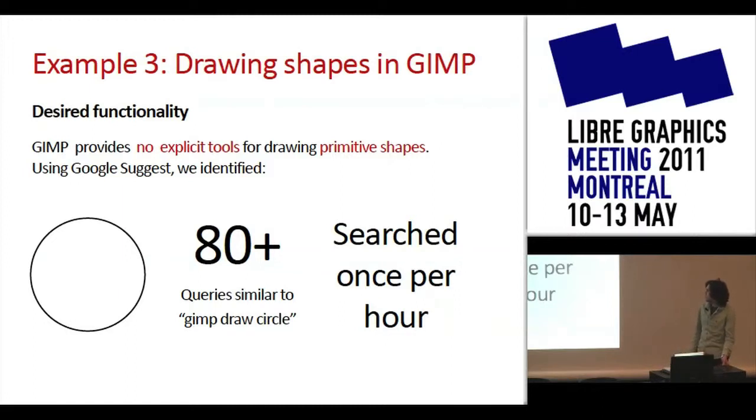We can look at another example here. I make the claim that in GIMP, drawing primitive shapes is typically a multi-step process. If you want to draw an outline circle, for instance, you use ellipse select, then you use stroke selection. As a result, we see many, many searches for people asking, how do I draw a circle? It's searched about once per hour, and that's not the only primitive shape people are looking for.